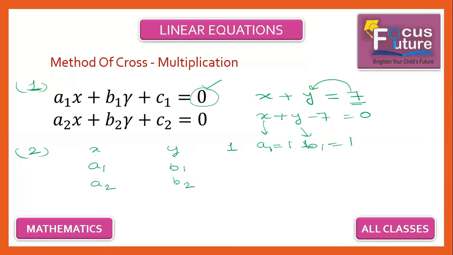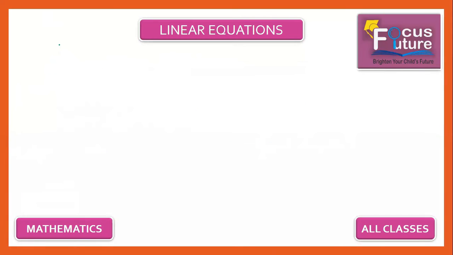And with 1, this is not a variable, this is a constant. So with 1, you have c1 and c2, right? Now, to write step number 3, I'm writing step number 2 again. Step number 2 was x, y, and your constant.